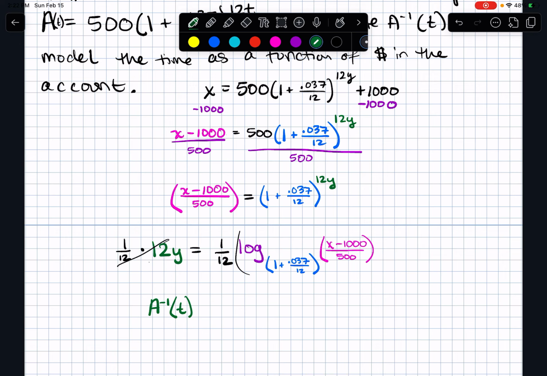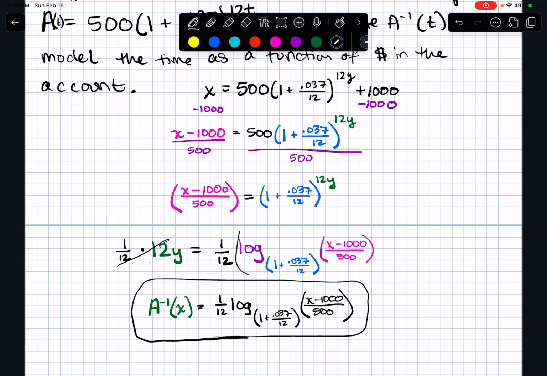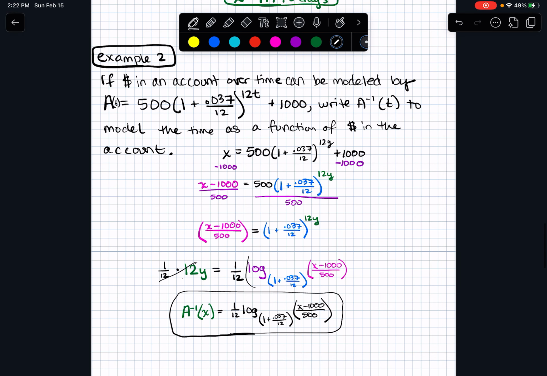The inverse function of A, in terms of x, is 1/12 log base (1 plus 0.037 all over 12) of (x minus 1,000 all over 500). Kind of a messy equation, but this would be the inverse of what we began with.